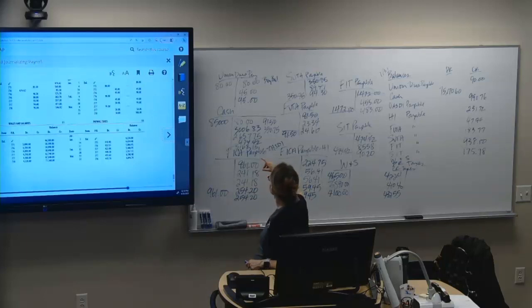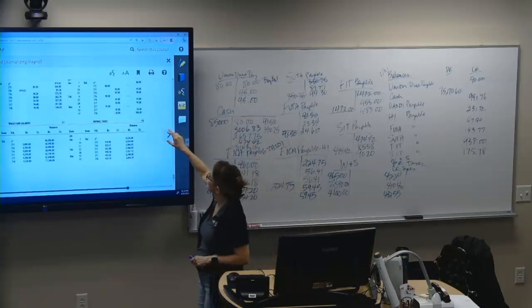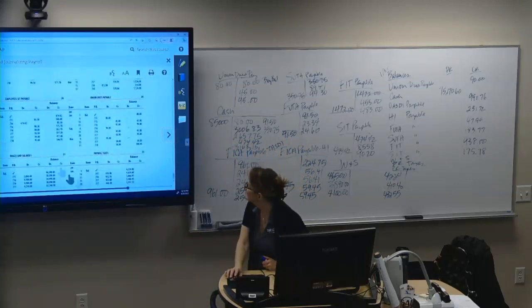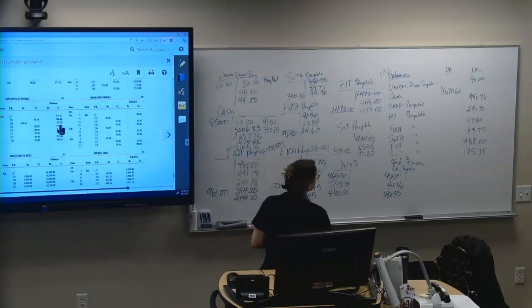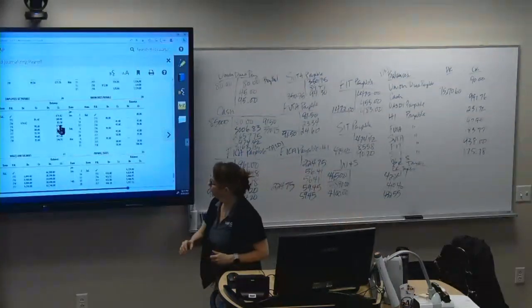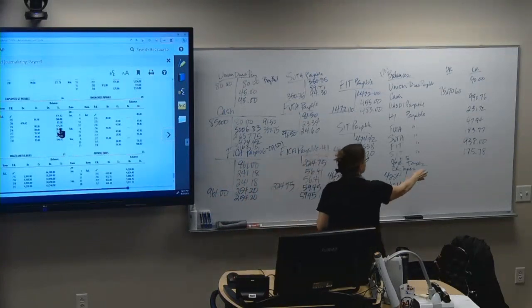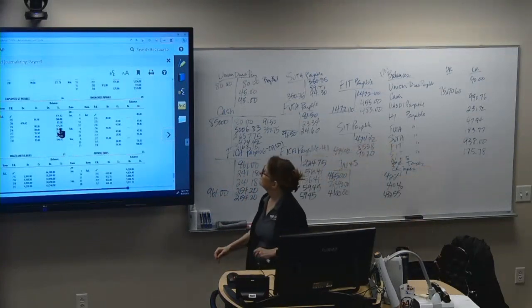So we can look, so we see our ending balances for January. I didn't do the wages and salaries one, but state income taxes payable, let's see. Oh, here, fourth one down, sorry, 175.78. Okay, that's good.